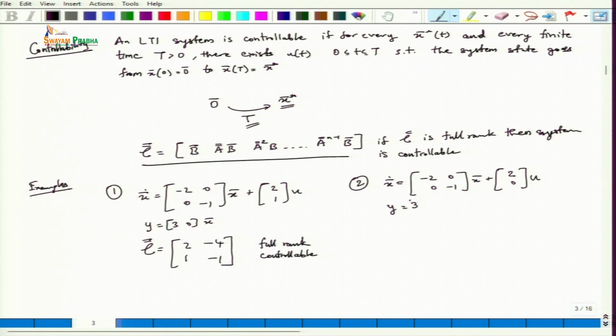Remaining everything remains the same. So now if we formulate the controllability matrix, we'll get 2, 0, minus 4, 0. So here if you see, this is not full rank, so not controllable.